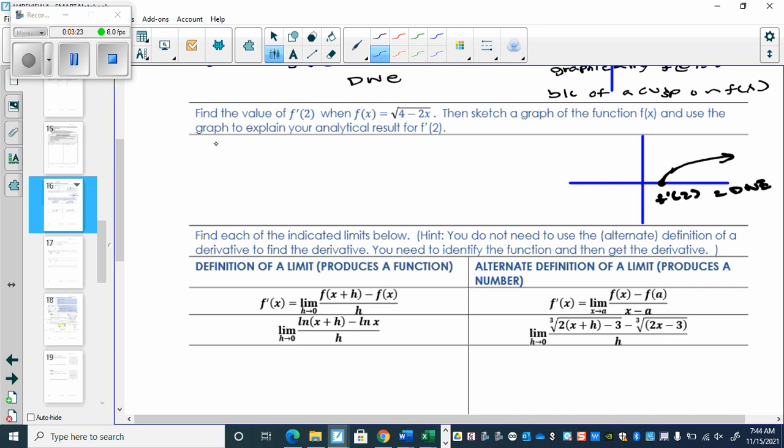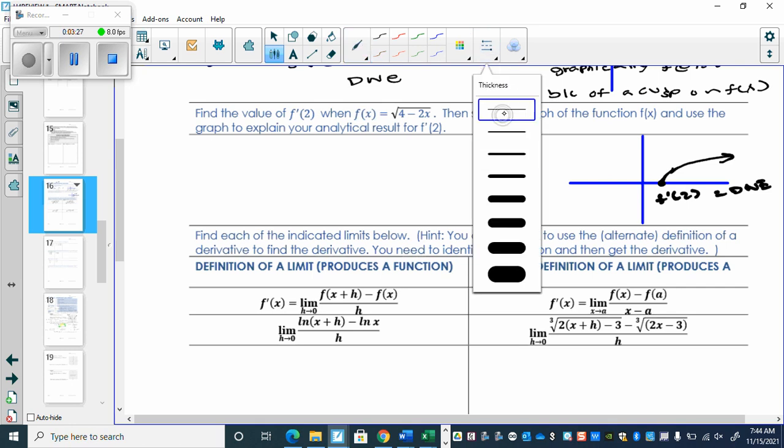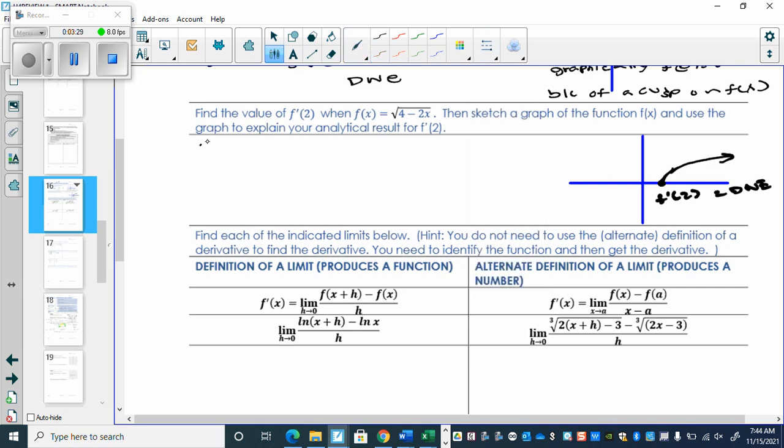Okay, so let's look at that analytically. We have f of x equals (4 minus 2x) to the 1/2. So I have to differentiate the outside and then the inside. So 1/2, and then that group to the -1/2, times the derivative of everything inside, -2.